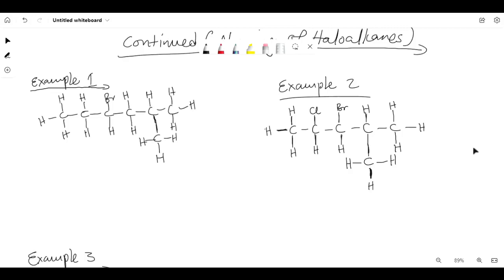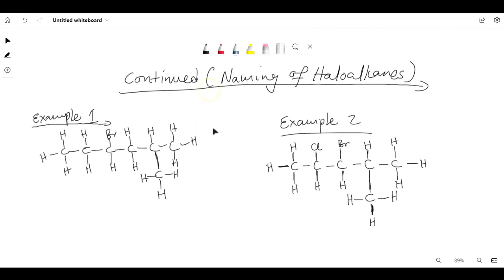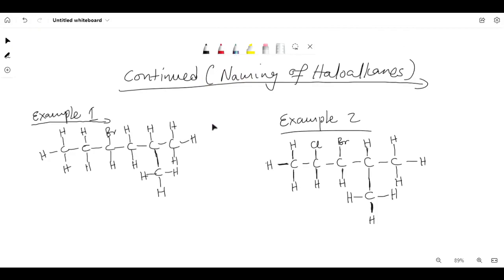Okay, this is part 2 of naming of haloalkanes. Here we are going to name a few examples. I've brought different examples, mix masala.